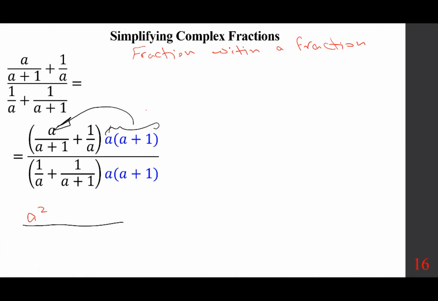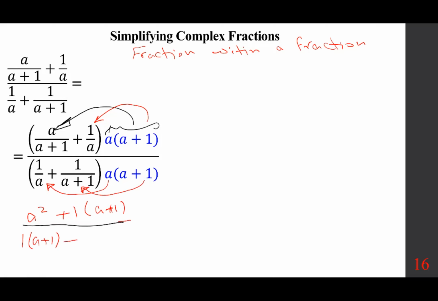When you multiply this one by this one, a goes away, and you get 1 times a plus 1. When you multiply this one by this one, a goes away, and you get 1 times a plus 1.